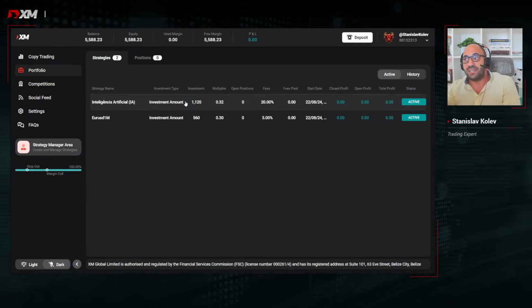You could copy three different or five different traders with $500 each. Your account equity is only variable when there are newly executed positions. So at the moment there are no executed positions. There is no used margin from your account. There is no P&L.